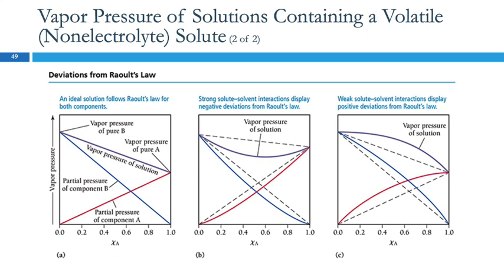And so then when we add these together, we see this dip here. At the ends, it's still the same because here we have pure B, and here we have pure A. There's no interactions. This is the opposite situation where the solute-solvent interactions are weak. They're like, I'd kind of like to get away from you. And so the vapor pressures are going to be higher, and so then we're going to see this bulge in the middle.